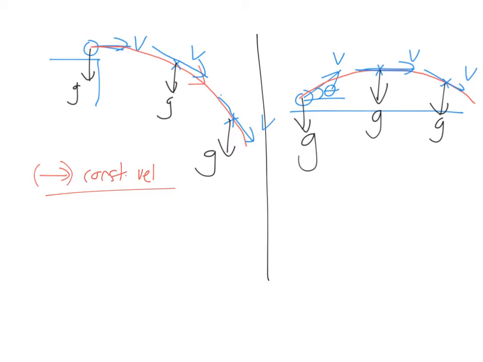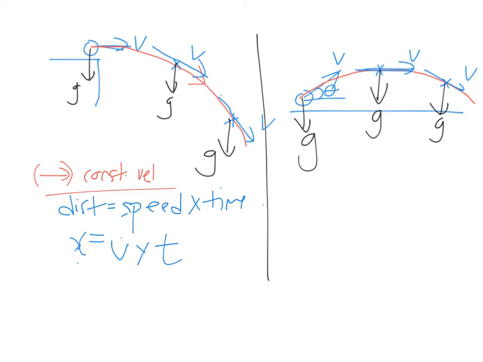No. What equation can we use? Only one, which is distance equals speed times time. So let's call the horizontal distance x, which will be equal to v times t. That's it. No other equation.